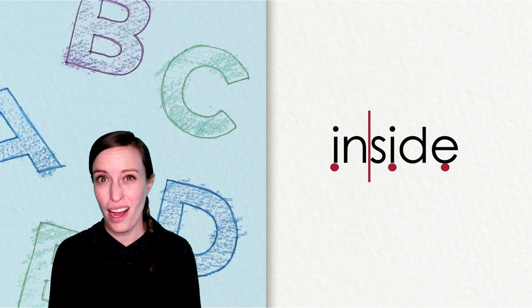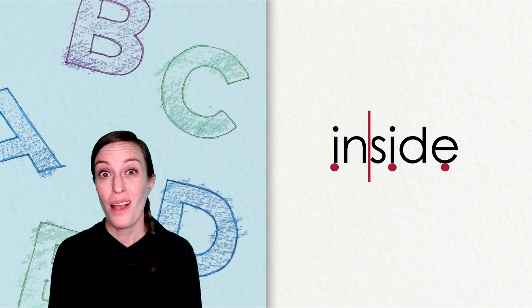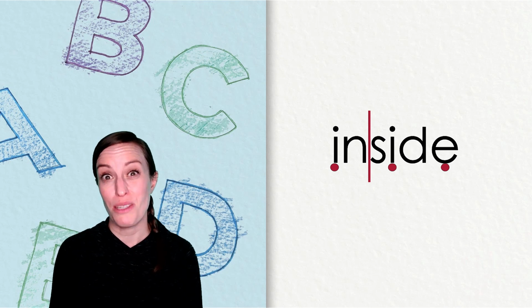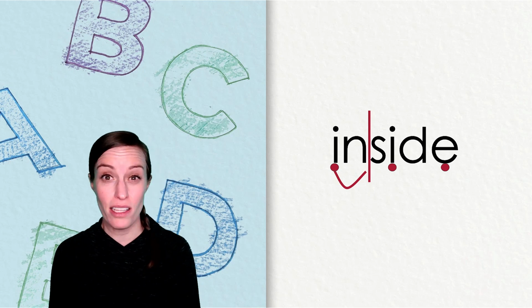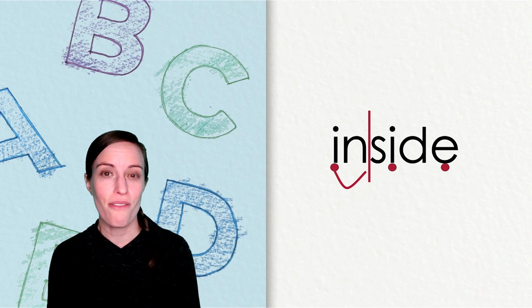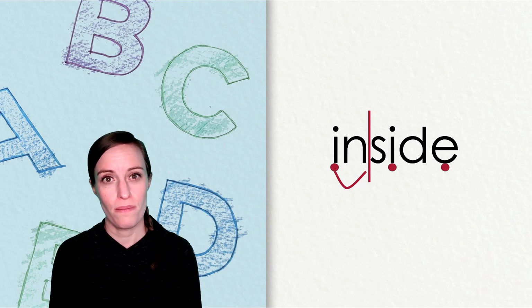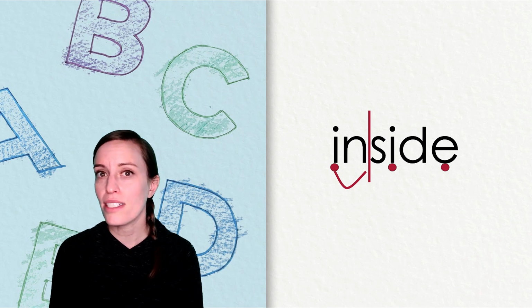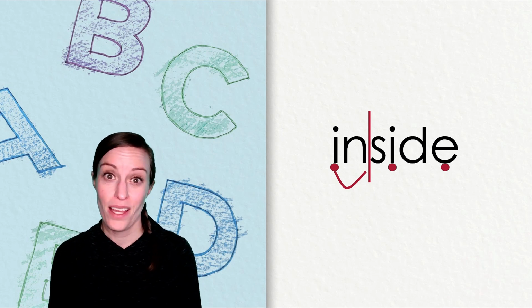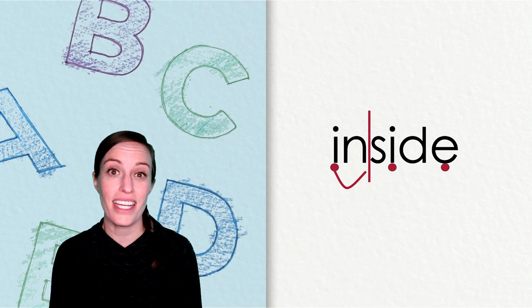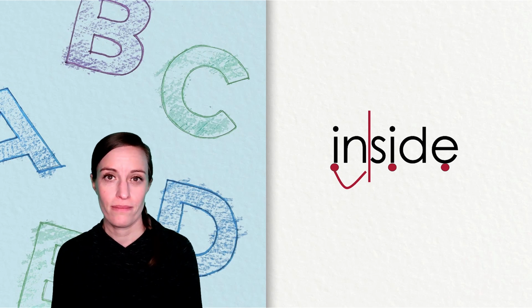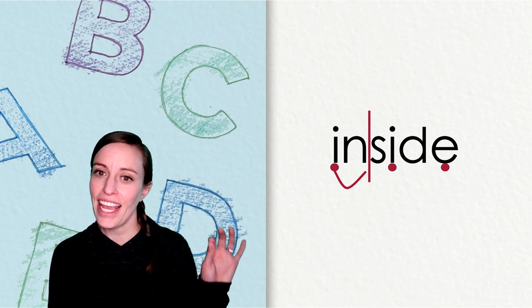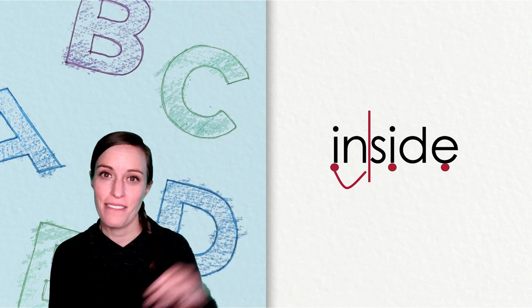Whenever there are 2 consonants between the vowels, we split the word between them. Now that we have divided this word into syllables, we can see that the first syllable is closed. The N closes in that I. So, the I will say its short sound, I. The syllable says, I, N, in.